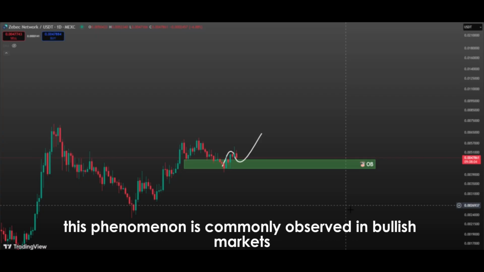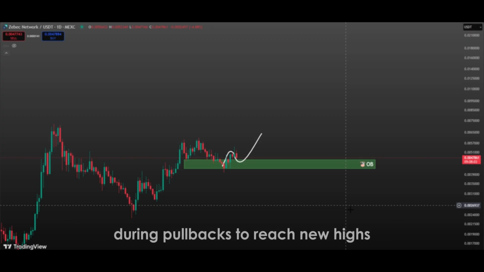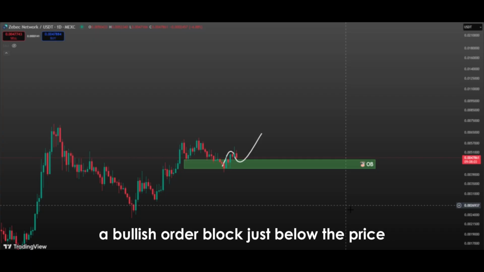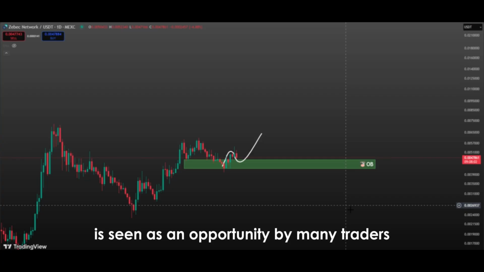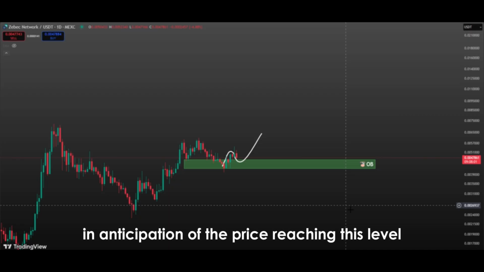This phenomenon is commonly observed in bullish markets, with the price drawing strength from bullish order blocks during pullbacks to reach new highs. There is also a deeper psychological background to this structure. A bullish order block just below the price is seen as an opportunity by many traders because they often place buy orders in anticipation of the price reaching this level.